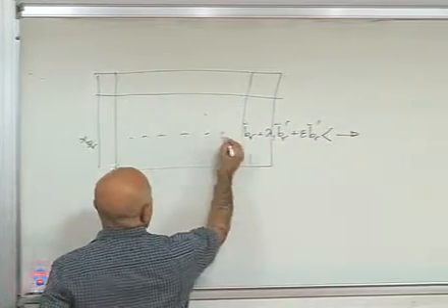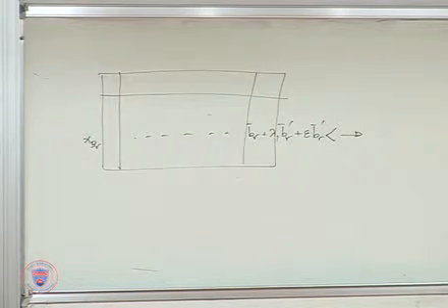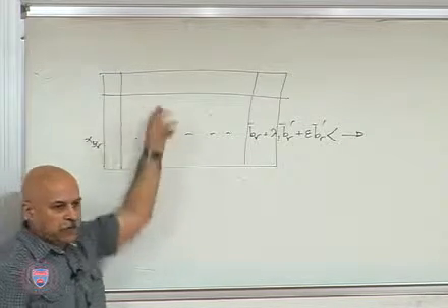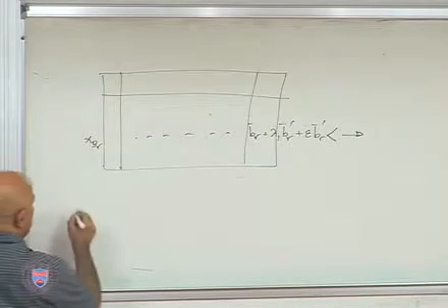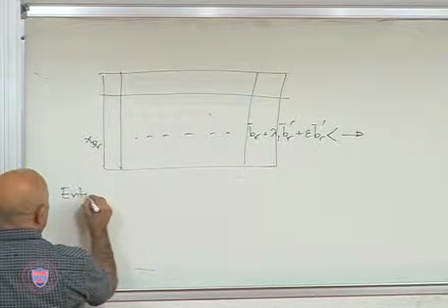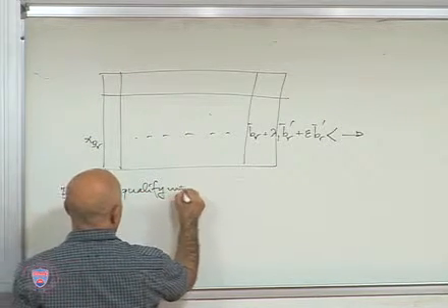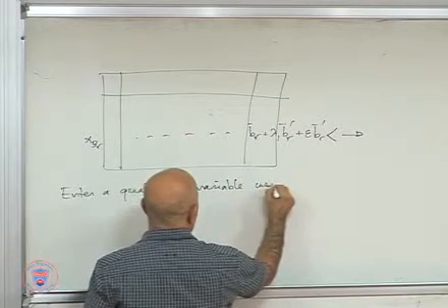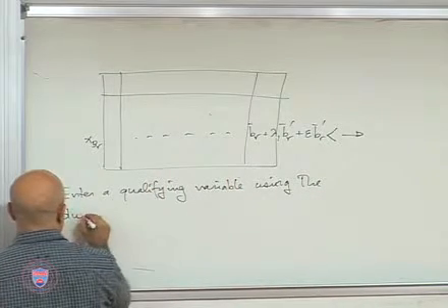Then you look at your numbers in that row, find the negative ones, look at the appropriate ratios of the top values to those, and then you enter a qualifying variable, using the dual simplex criteria.